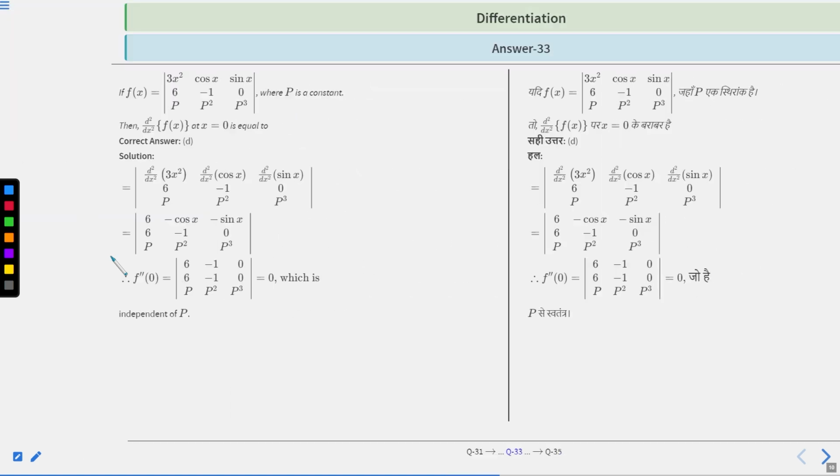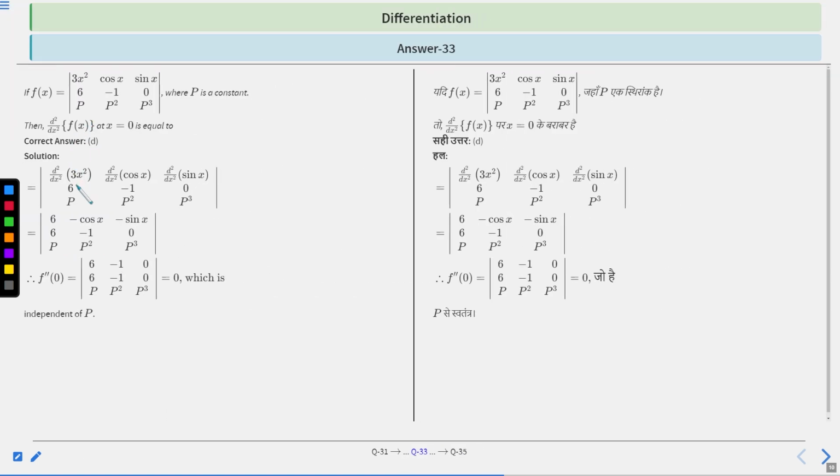Okay, let's move to the solution part. We have to find d square f(x) upon dx square. So we take the double derivative of each entry in the first row: 3x square, cos x, sin x. The double derivative of 3x square is 6.